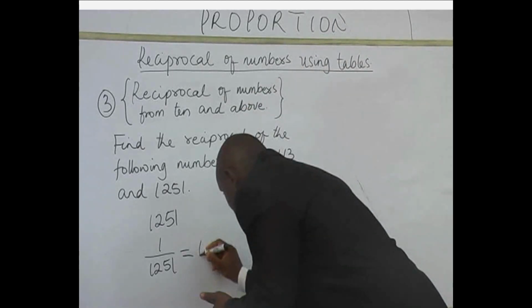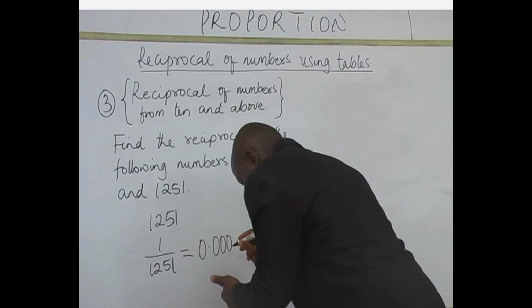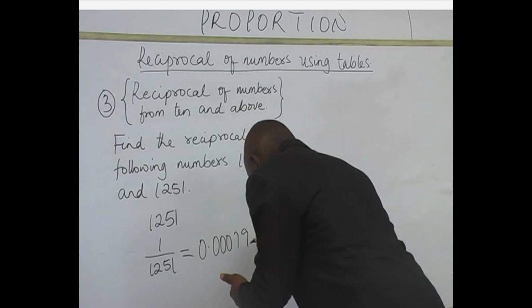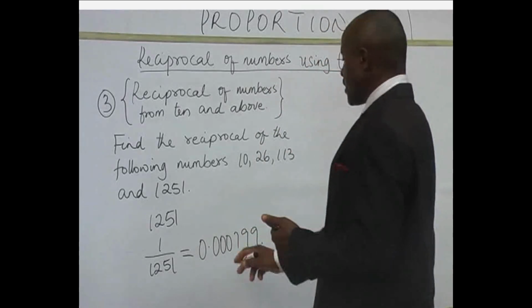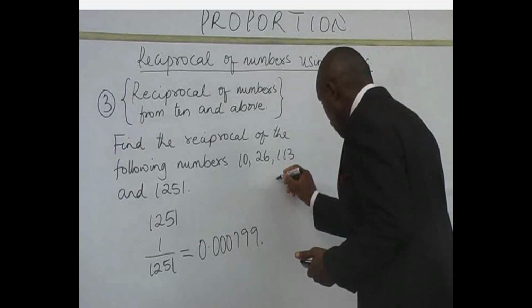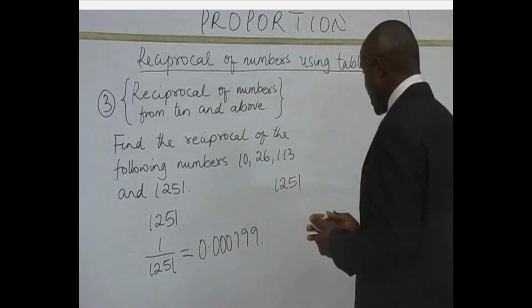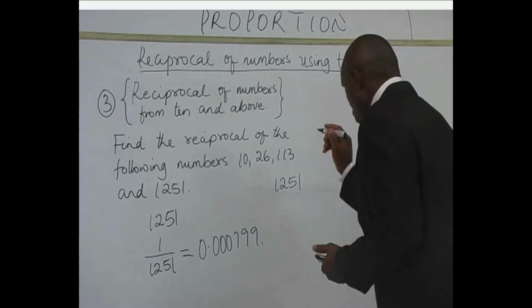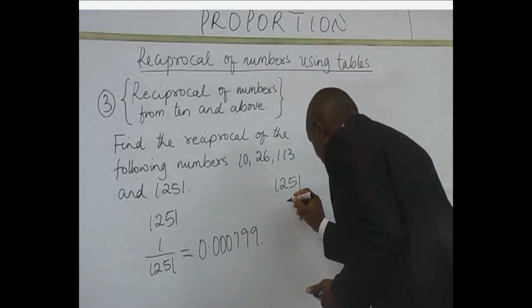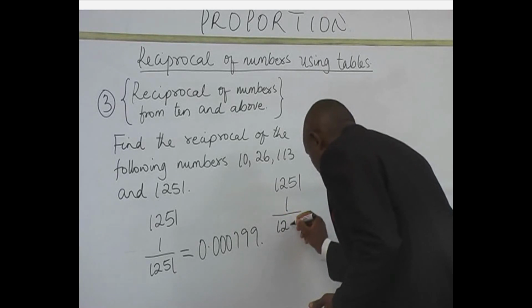The value is giving us 0.000799. That is the value we have gotten from the calculator. Now let's use our 4-figure table to see if we are going to get the same thing. 1251 reciprocal means dividing it by 1.